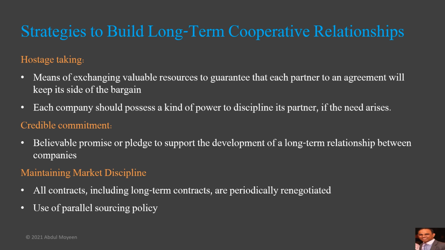This is important especially when there is a risk of not getting the supply on time, or a risk that the supplier raises the price suddenly without giving any notice, or there is a strike or some other kind of issue for which the company is not getting the supply from the suppliers. It is better to form the supply relationship with a few other suppliers. That is called parallel sourcing policy.